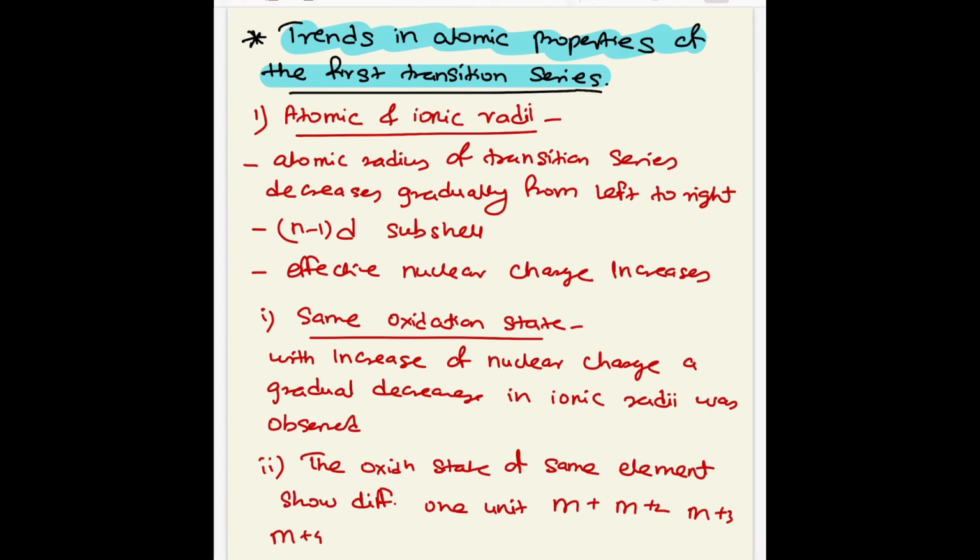The higher the oxidation state, the more the effective nuclear charge increases, and a decrease in ionic radius can be observed. So the ionic radii of transition elements are smaller than the ionic radii of the representative elements of the same period.